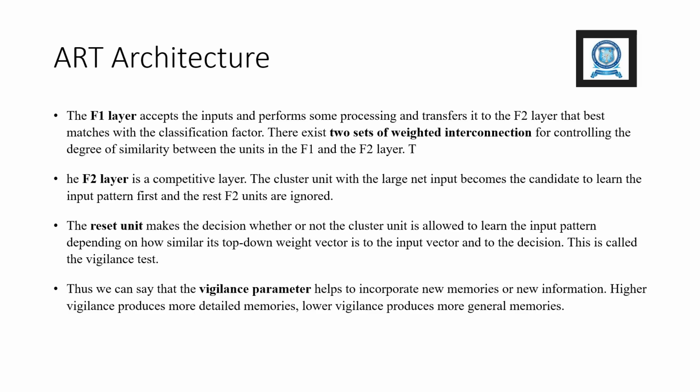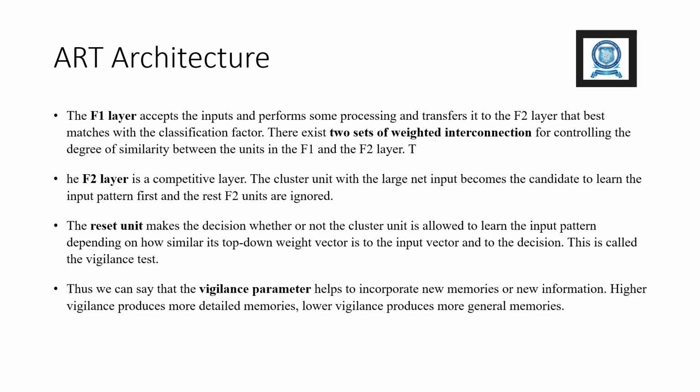The F1 layer accepts the inputs, performs some processing and transfers it to the F2 layer that best matches with the classification factor. There exist two sets of weighted interconnections for controlling the degree of similarity between the units in the F1 and F2 layers. The F2 layer is a competitive layer.